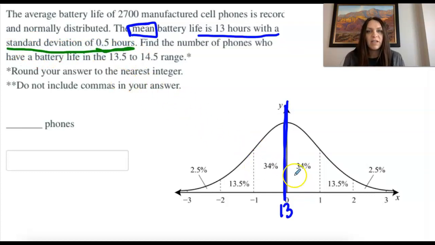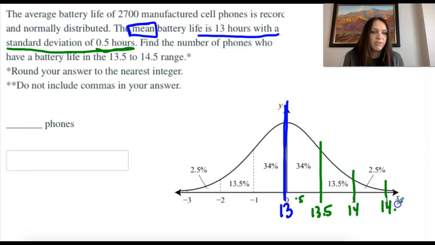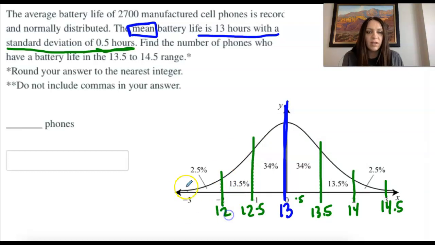So the standard deviation, remember, that's how I move. So I'm going to add 0.5 here. So this would be 13.5. This would be 14. And this would be 14.5. And then this would go backwards. 12.5, 12, 11.5.